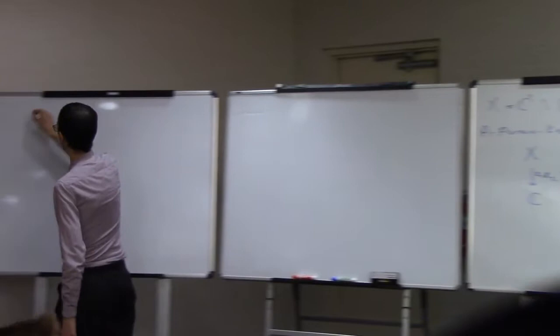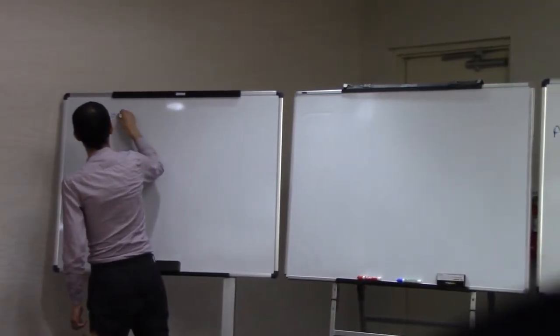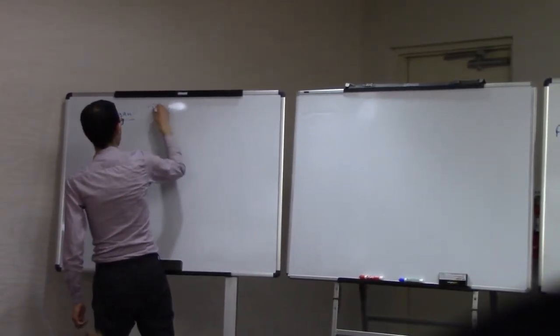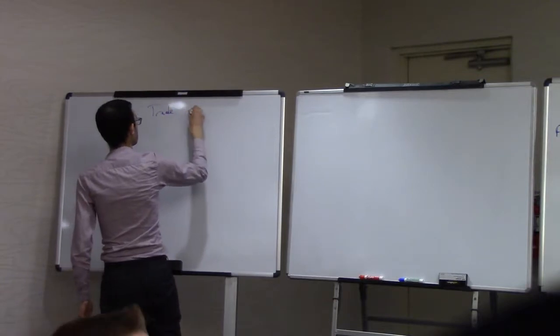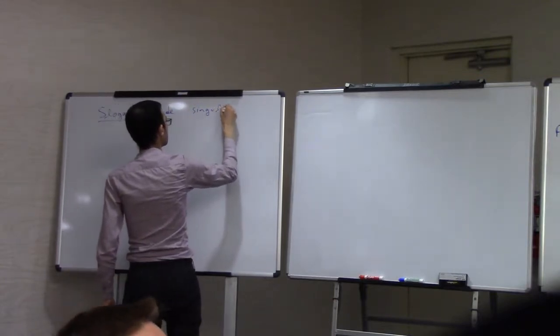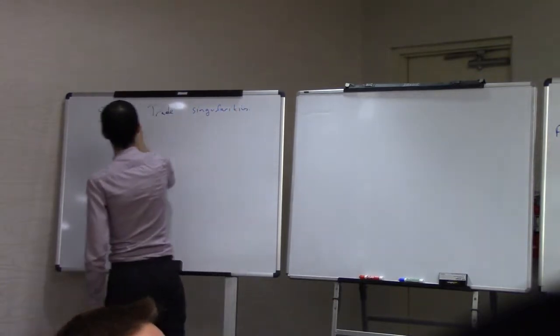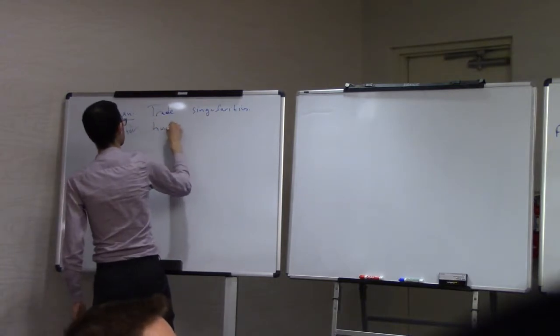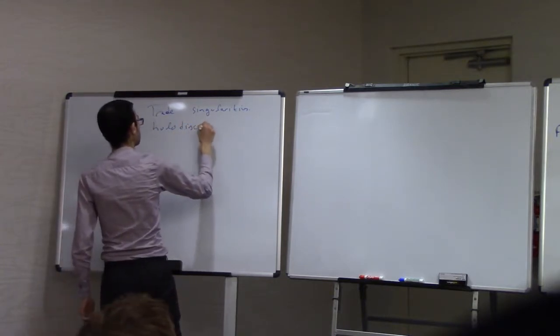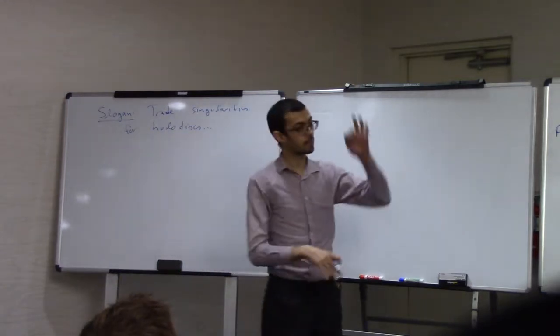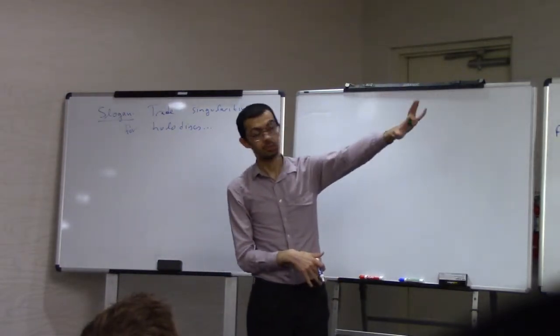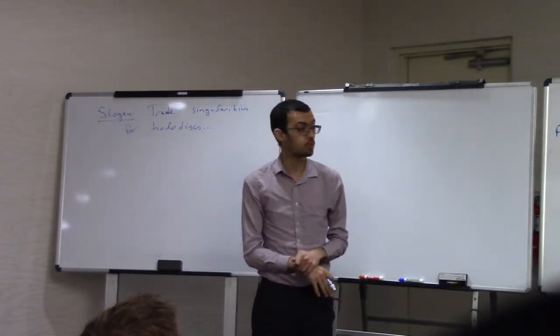So the slogan is to trade singularities for holomorphic disks. So that's a really badly singular Lagrangian. It's going to get worse as the dimension goes up.